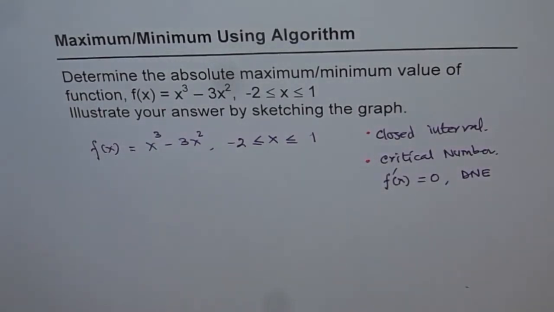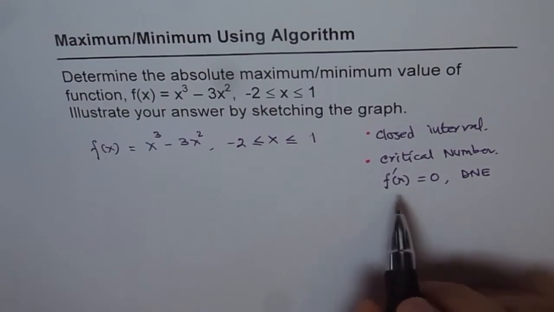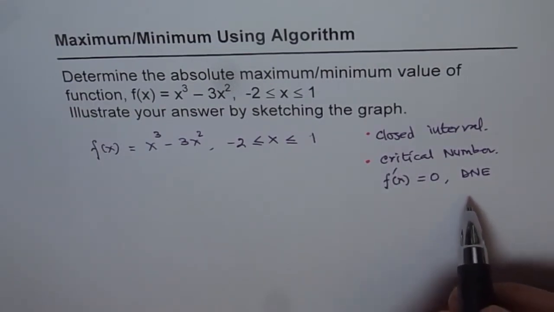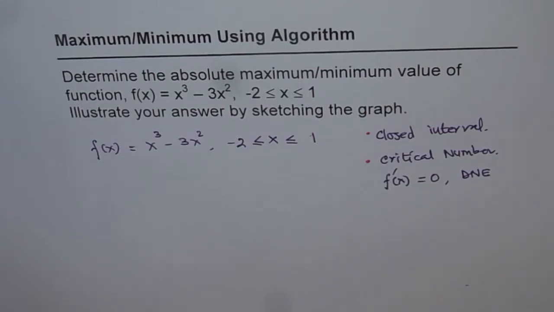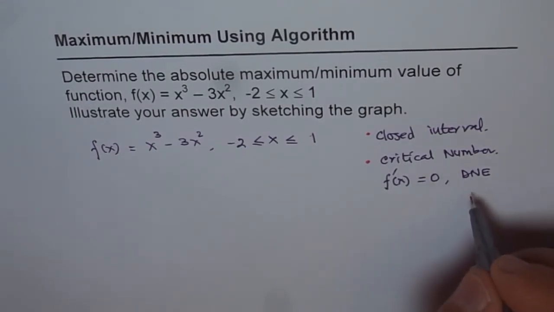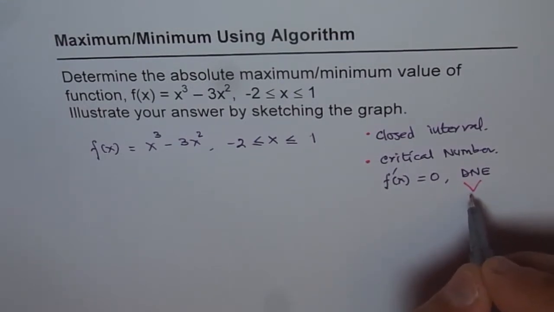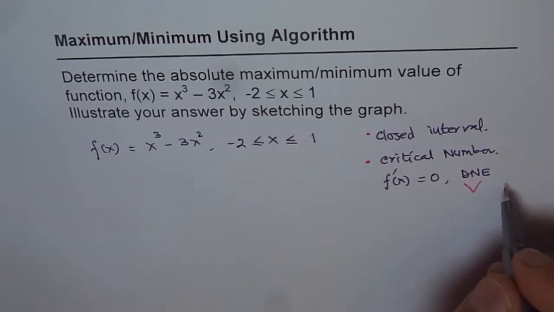I've seen some ambiguities in this definition. At times in books they omit "does not exist", but for me it is an important criterion, since many graphs, like the absolute value function, have a minimum there where f dash x will not exist, right? Similarly, with radical exponents, we'll have cusps and corners, correct?